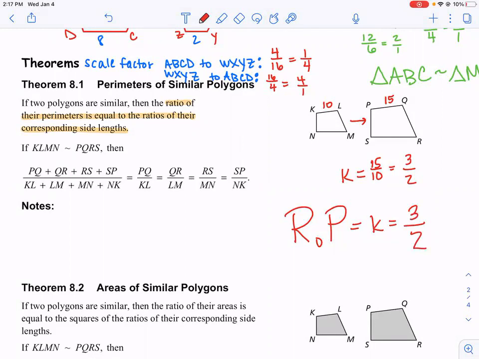So if the scale factor is 3/2, if I add all the sides in the little one and all the sides of the big one, the perimeters are going to have the same ratio as whatever that scale factor is.